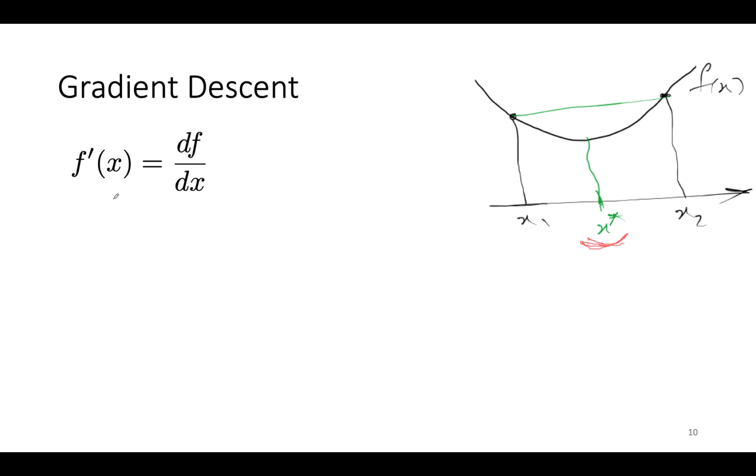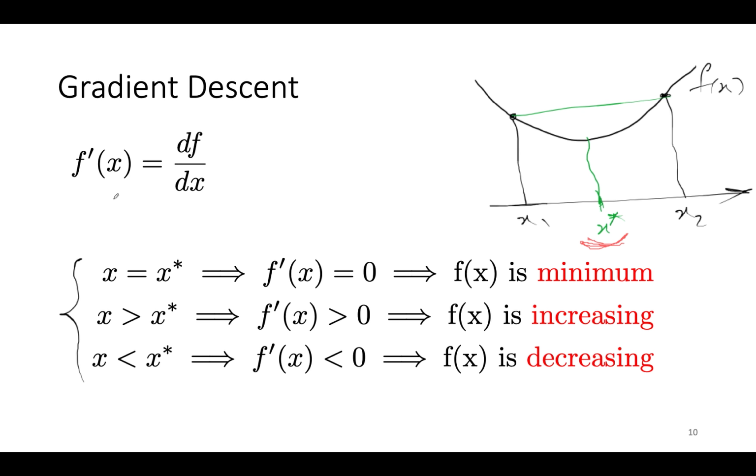So when we have such a function between a range of x1 and x2, and we're interested in defining the behavior of a point such as x star, if we use the derivative of f over d of x, normally we have 3 options, right? Say we chose our x here on top of x star.